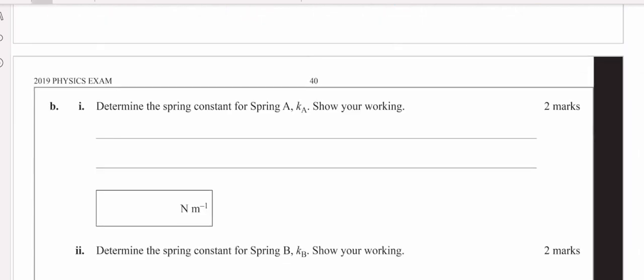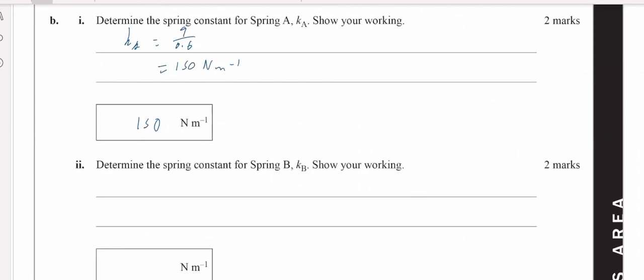Determine the spring constant of spring A. Okay, again, just work out the gradient. Okay, let's pick 150. For KB, it's a bit more complicated.